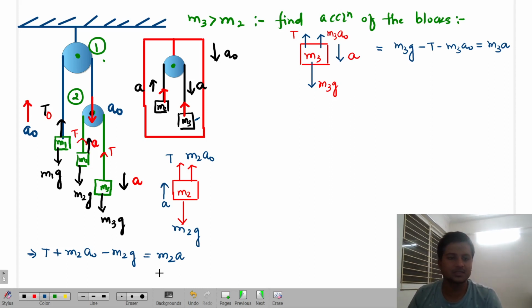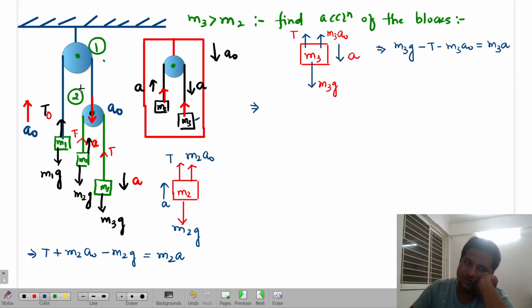So basically this is my equation now. What we can do is simply write the equation, but you will be left with one extra coefficient a naught.